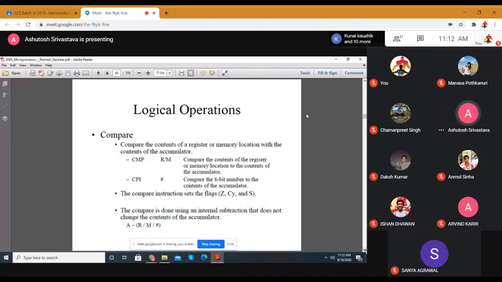So that means suppose you have the contents stored in memory address 4004 or in register B or register C.